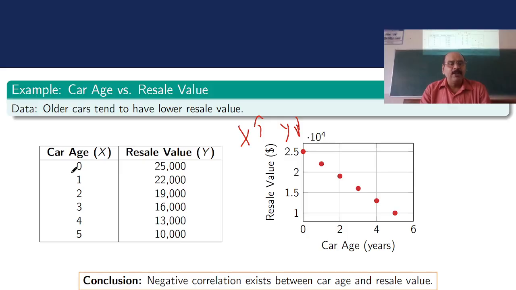A new car has a higher value: less than 1 year, 25,000; 1 year, 22,000; 2 years old, 19,000; then 3 years, 4 years, 5 years. As the years increase, the value is decreasing.